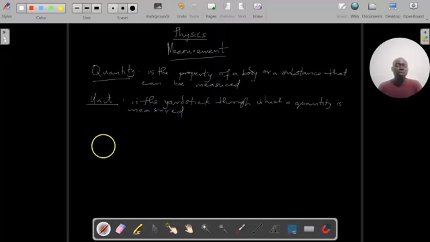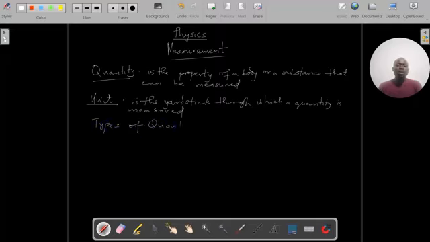Having talked about quantity and unit, it is now proper for us to look at types of quantity. Before that, I did mention examples of units, which include centimeter or meter, seconds in terms of time, and grams or kilograms in terms of mass. So, types of quantity.